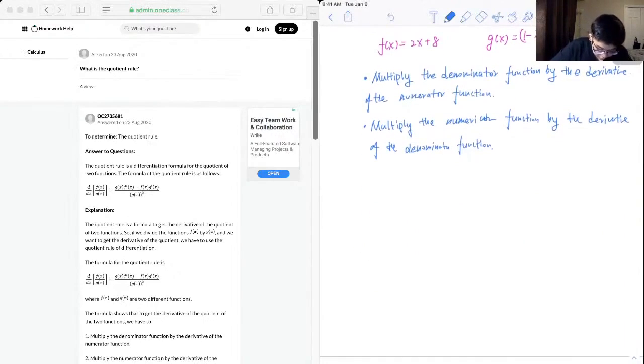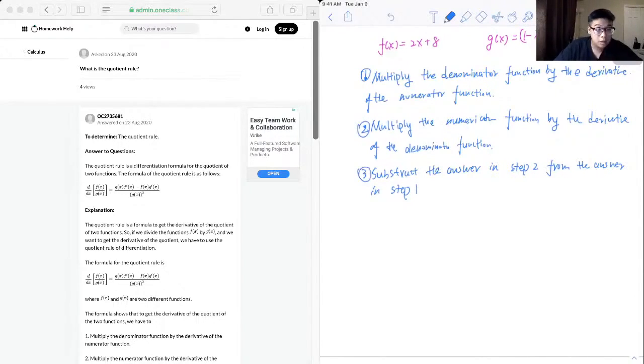And then after multiplying these two, we'll need to subtract the answer in step 2 from the answer in step 1. So that's 1, 2, 3. All right.